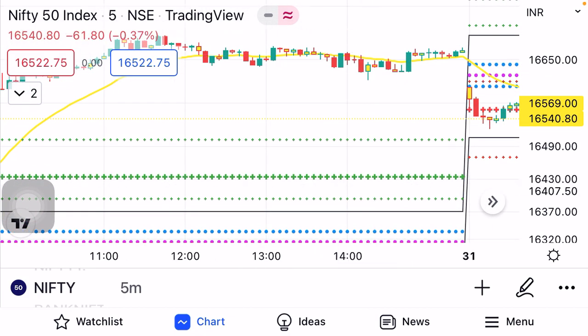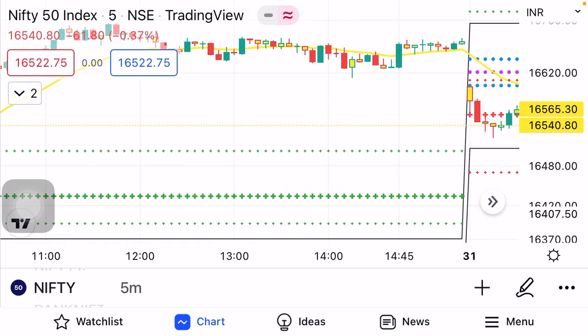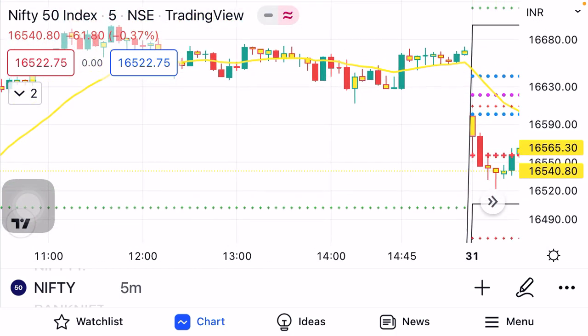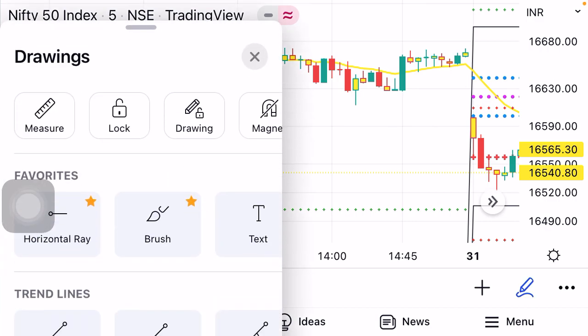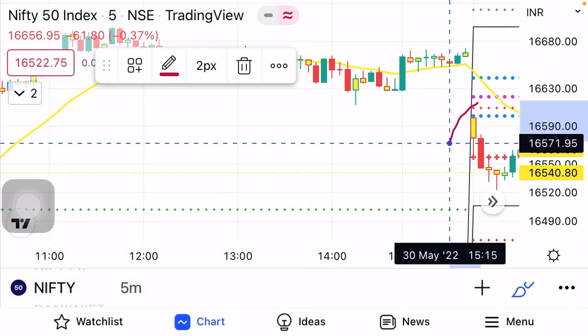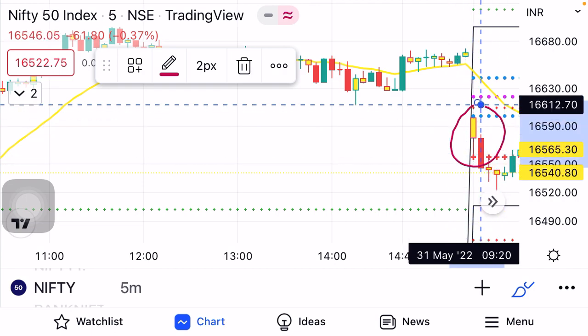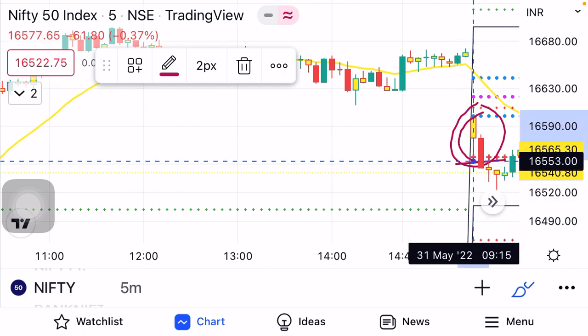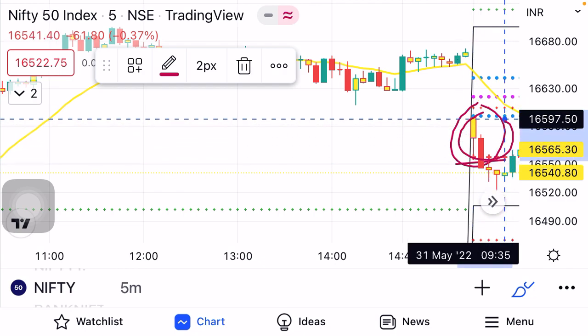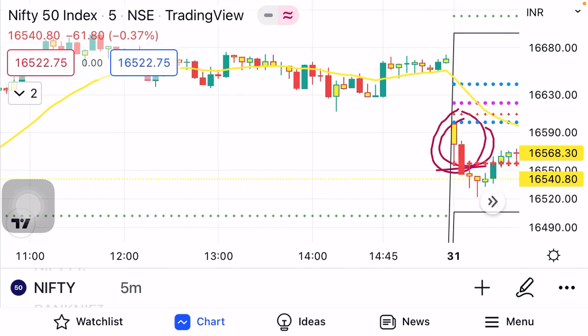And on 31st, see, the CPR is in uptrend, right? But the first 5 minutes candle is an indecisive candle. It is taking support at H4, but it's very problematic, like we can't take any decision just by seeing the first 5 minutes candle, so we'll wait for some time.